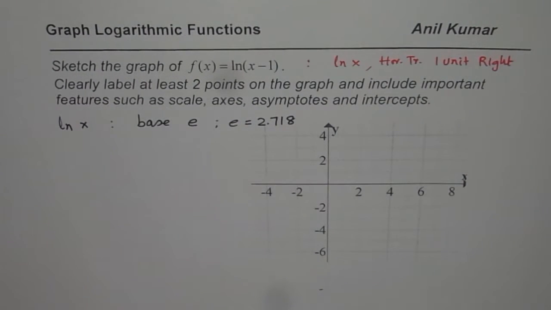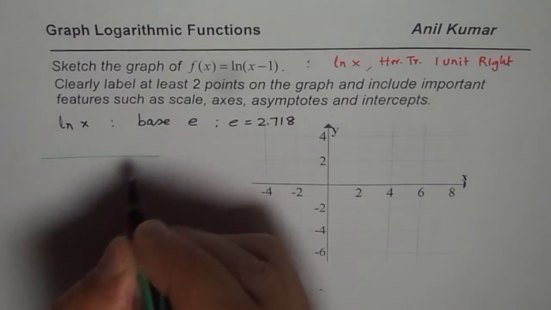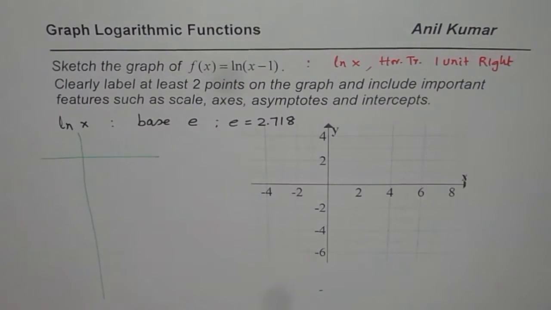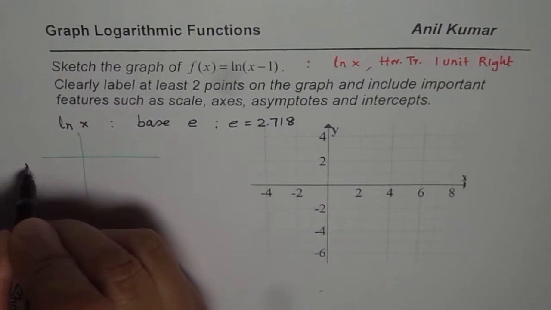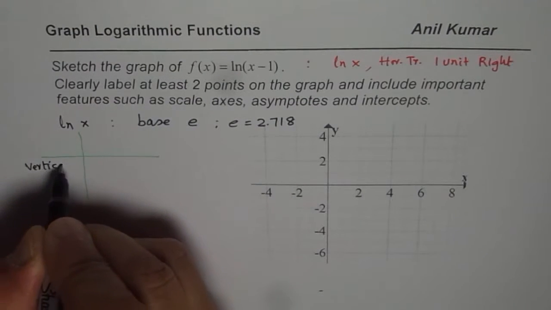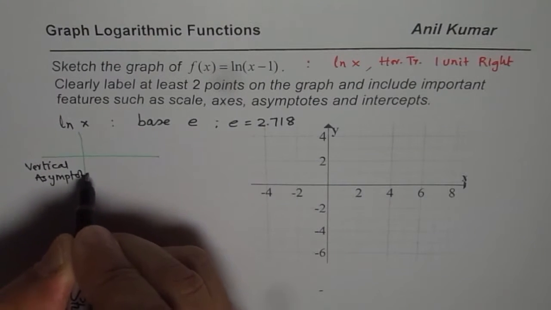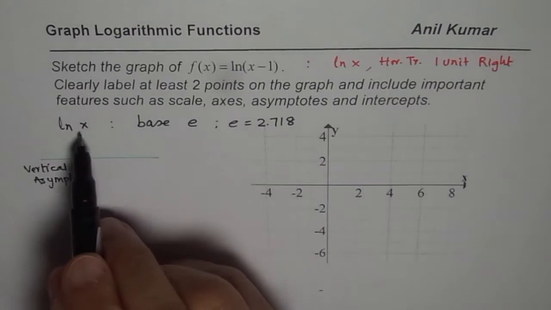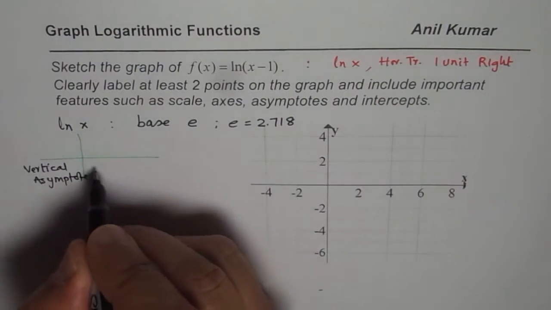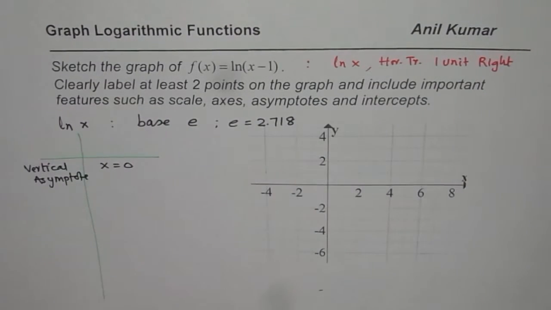To sketch the graph, good points to consider are these. First and foremost, I will always consider the vertical asymptote. So let me write vertical asymptote. We cannot have 0, and that x equals 0 gives us the vertical asymptote. So that is the first thing.